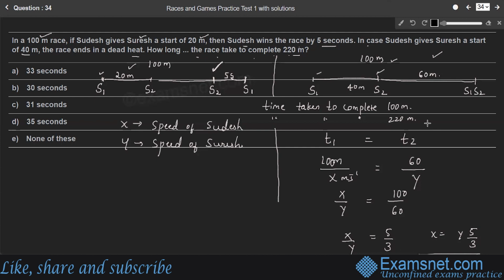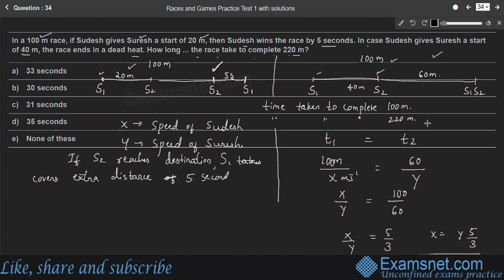So if S2 reaches the destination, then S1 covers an extra distance in 5 seconds, because here S2 needs 5 more seconds to reach the destination.